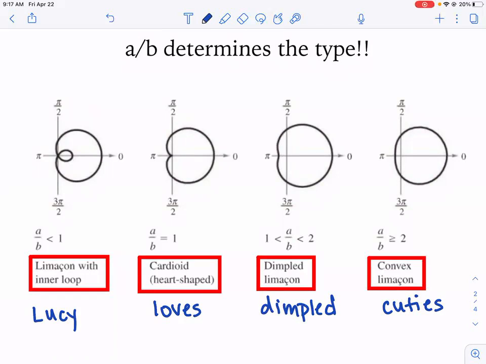Lucy for loop, loves heart, cardioid, dimpled, cuties, convex. It's just a mnemonic device to help you remember the order in which they go: less than 1, 1, between 1 and 2, 2 or bigger. You can change it to whatever works for you.